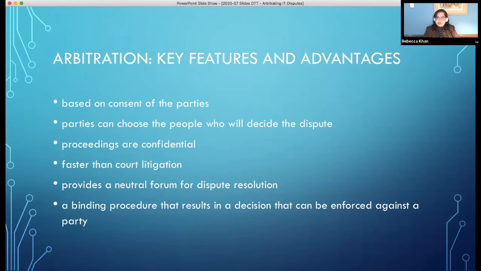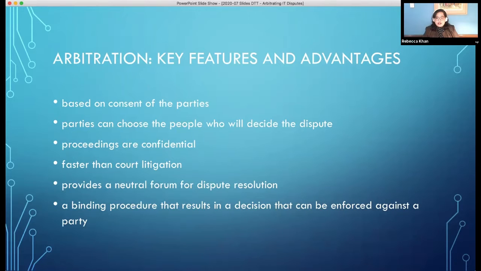And then, depending on the procedure they've agreed upon, or depending on the procedure of the arbitral institution to which they've submitted their dispute, the president of the tribunal will be decided either by the agreement of the parties, or by agreement of the 2 appointed arbitrators, or by appointment of the arbitral institution itself.